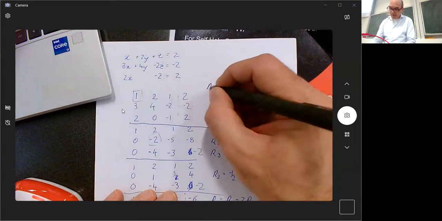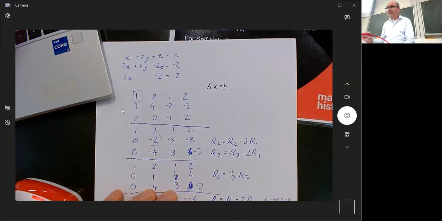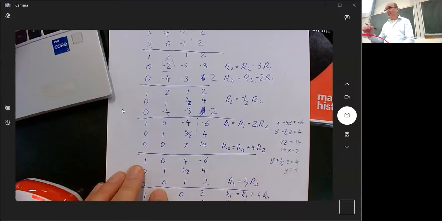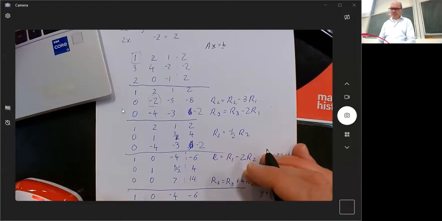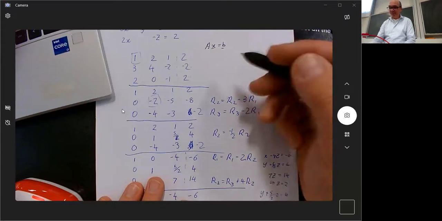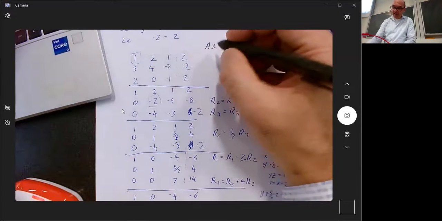This system here is looking like AX is equal to B. Because my matrix, we've shown, has full rank, that actually says that A is invertible. I'm pretty sure I saw that in your notes. So if I have a square matrix where, when I row reduce, every row has a non-zero element, that means A inverse exists.